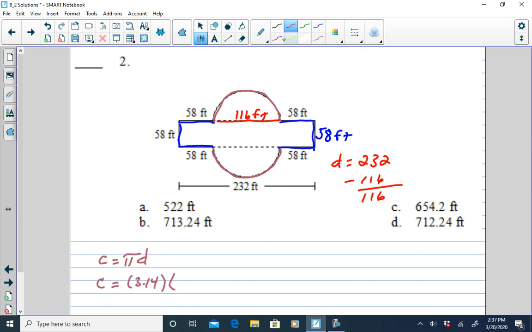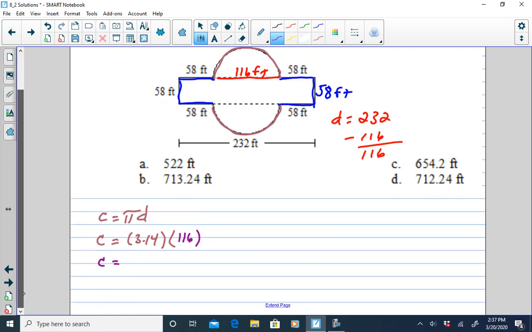So when we use the diameter, that's going to be 116 feet here. So the circumference is going to be equal to 3.14 times the 116. We get 364.24, and those are feet. But that's just the circumference.